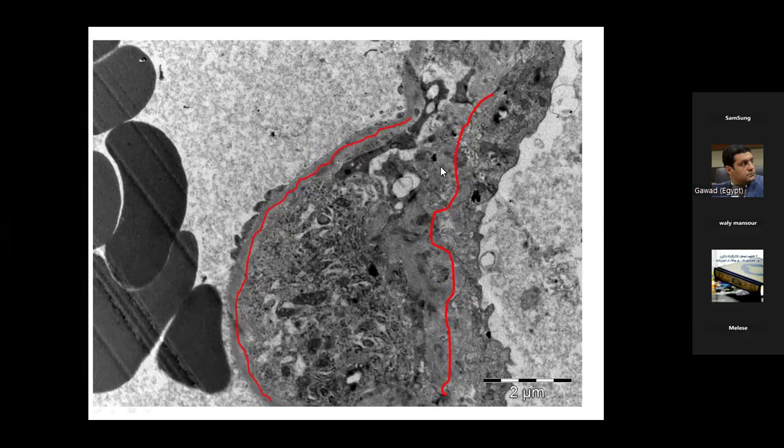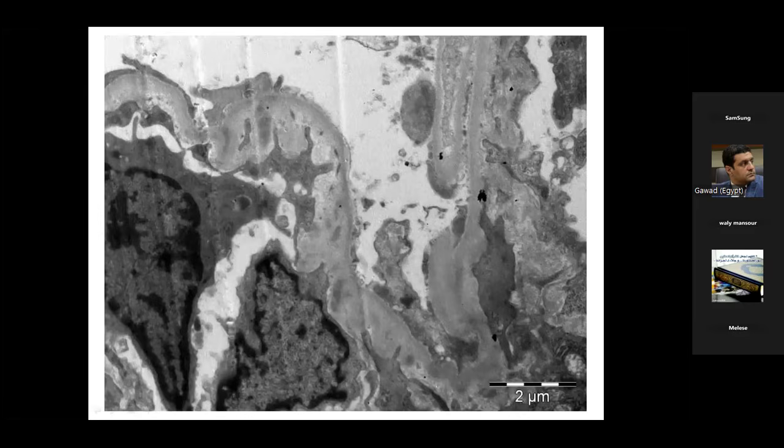And finally, double contouring occurs, as this picture shows us, with the main glomerular basement membrane and the second one, with an interposed cytoplasm, probably a mesangial cytoplasm, interposed between these two membranes. Maybe this occurs as we have seen here.